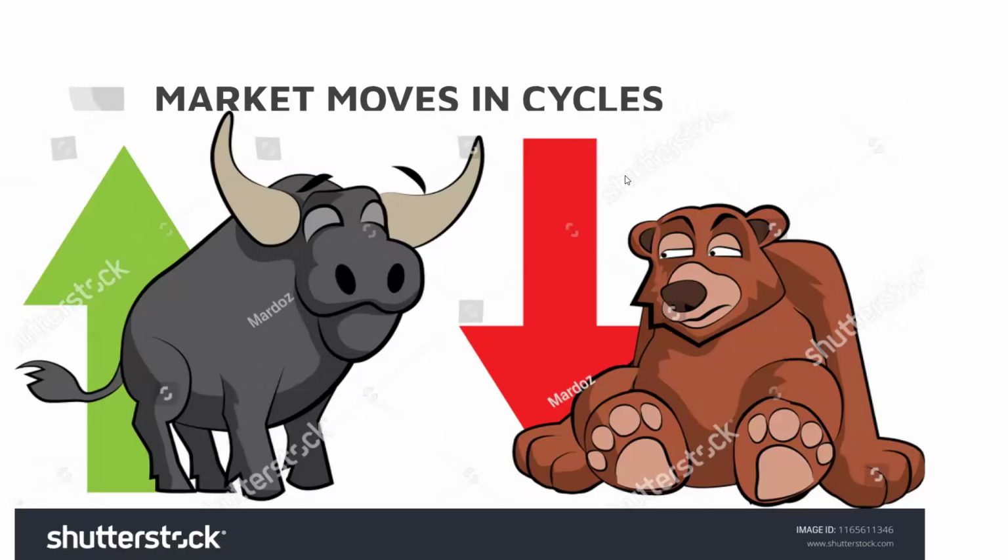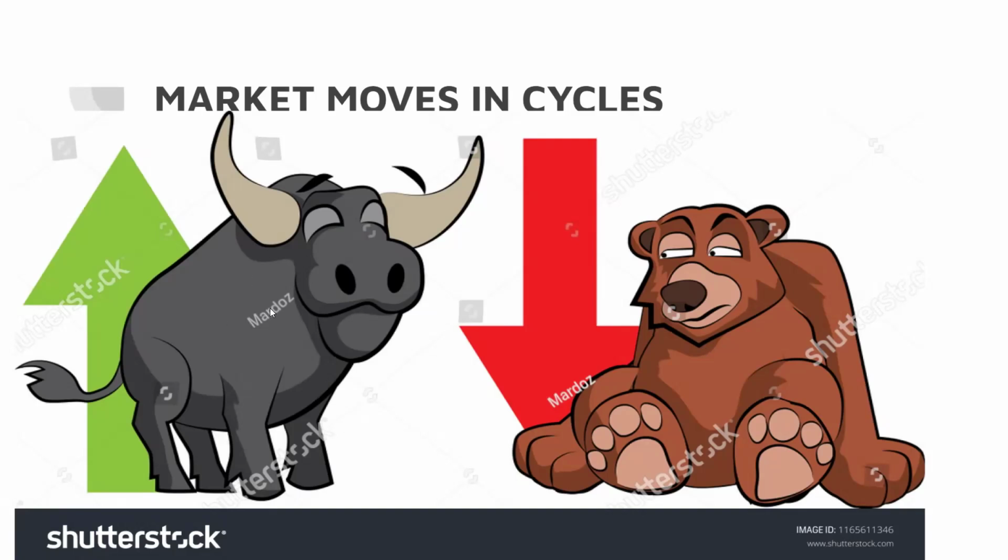Market moves in cycles. You can see when a market moves, it is a green color. We call it a bull move, bullish. And if the market starts moving down, it is bearish. You can see the graphic image here.